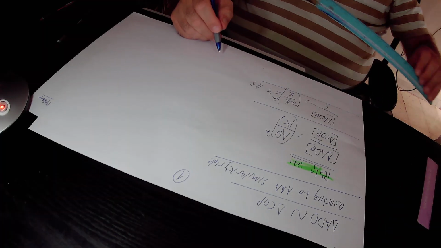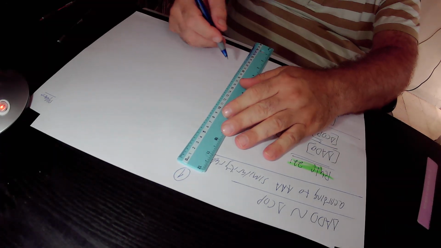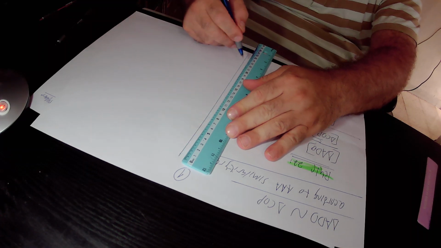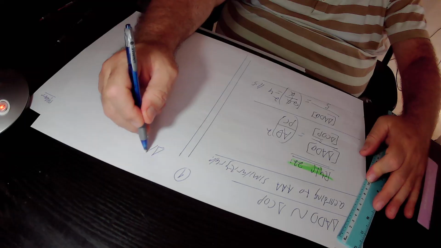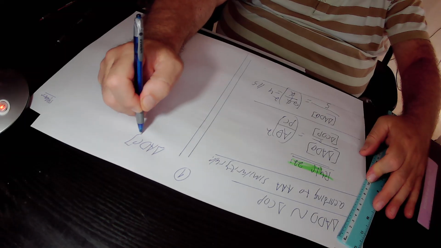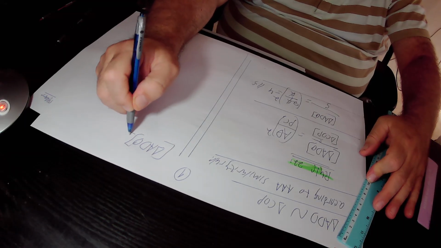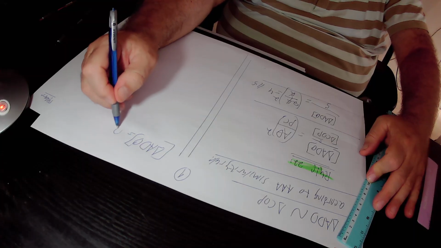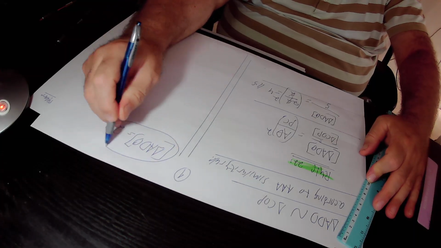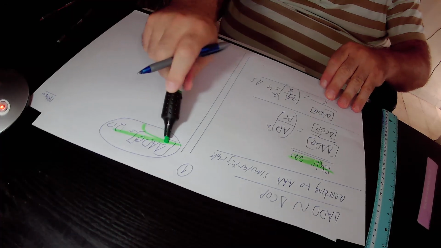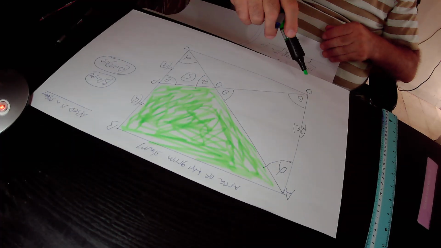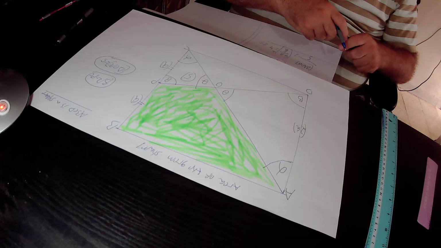And we get that the area of the big triangle ADO is equal to 5 times 4, that is 20 square units. So we found out that the area of this big triangle ADO is equal to 20 square units.